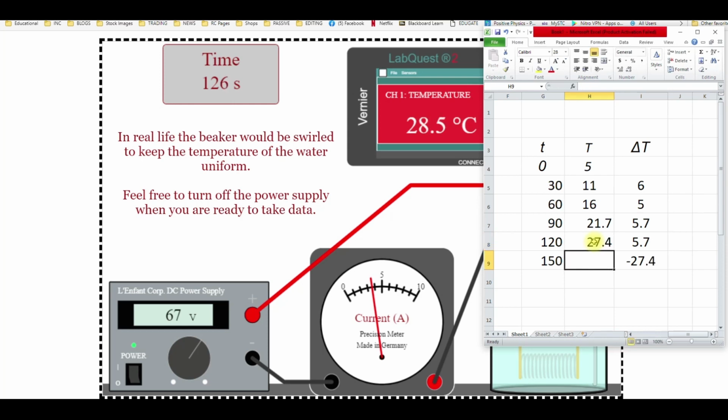So far, the increase in temperature is consistent. Simulations tend to give more than the normal result in terms of perfect data. We're almost there, and that should be 32.9. There you go. You can now switch off once you've reached enough data.